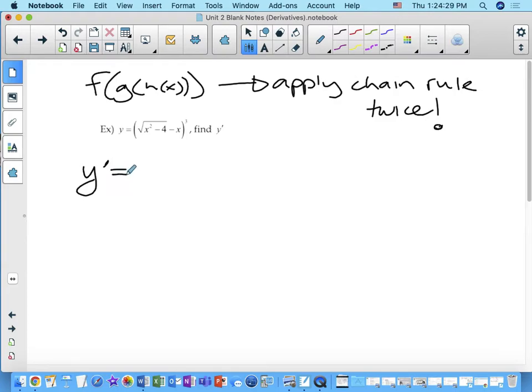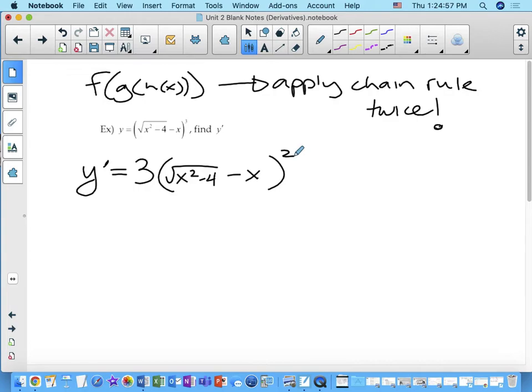To get the derivative of this outer function, that's just something cubed, it's going to be 3 times that something squared. That's nice. Now we need to multiply by the derivative of this.